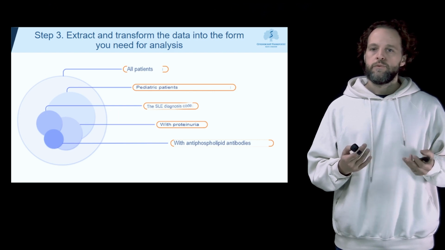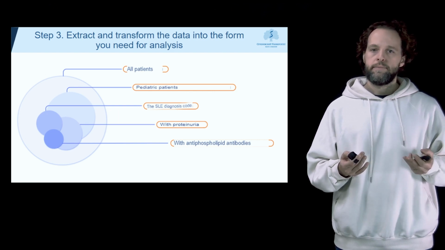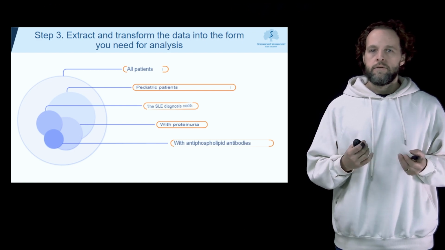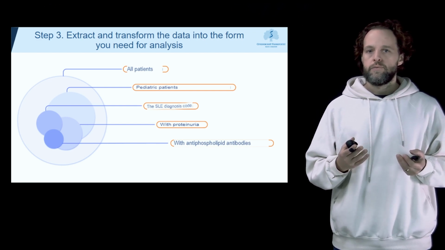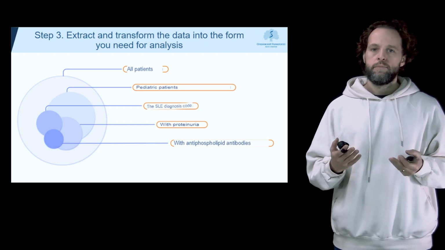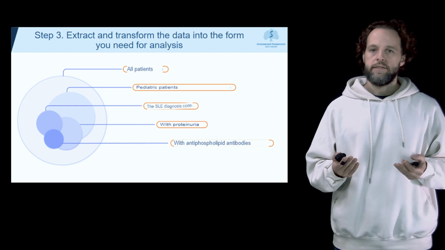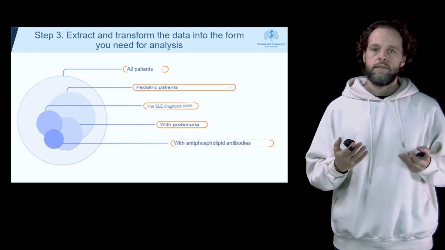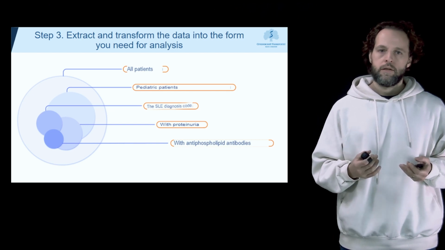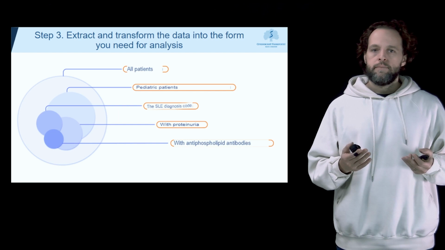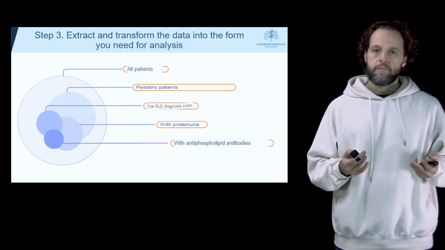So we will need to have several steps to search this data. First of all, we will need to identify the right group of patients. Among all patients in the medical record system, we will need to find those who are monitored by pediatricians. And it will be a request based on the patient's age.